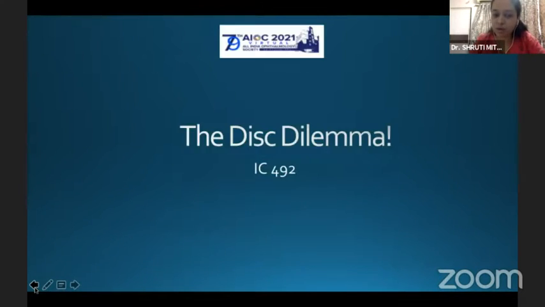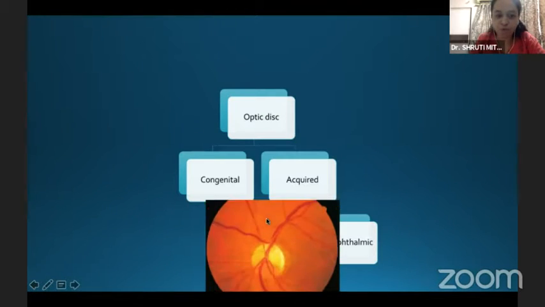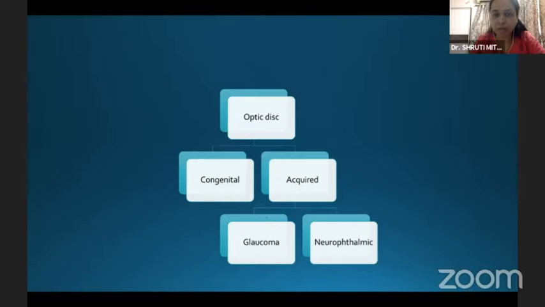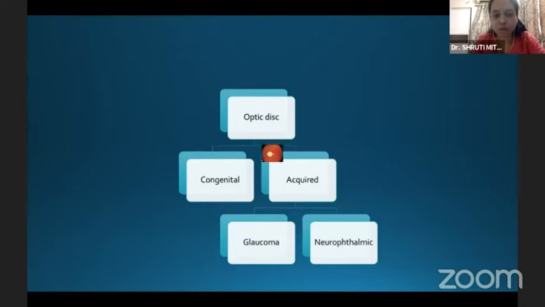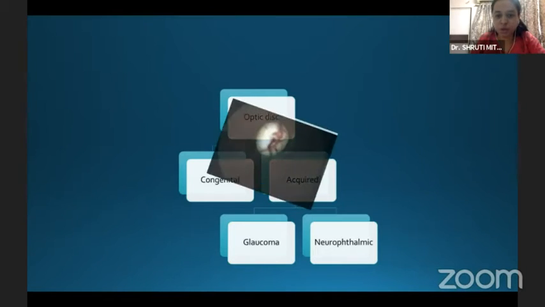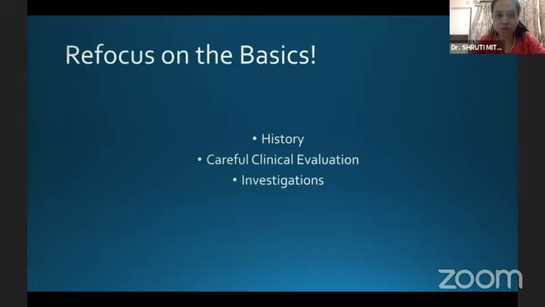Some of these might present in the form of cupping, as seen in glaucoma. To name a few, it could be traumatic optic neuropathy, a compressive optic neuropathy, methanol poisoning, or in some cases ischemic optic neuropathy. So how do we differentiate these various forms of optic neuropathy? This is what this IC is going to tell us.